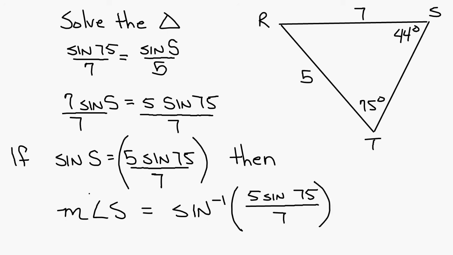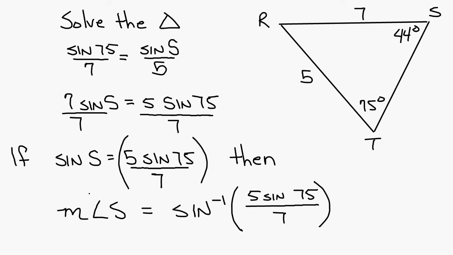If the sine of an angle is equal to a number, then the measure of that angle is equal to sine -1 of that number. That's what we did last week, right? Yeah. So if the sine of an angle is equal to what's in parentheses, then the measure of that angle is equal to sine -1 of whatever's in parentheses. That's when you're finding angle measures, exactly.